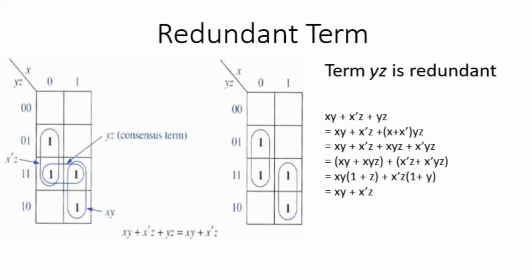Then we have to look for redundant terms. While making groups, we have to check whether we are making the right number of groups. Is there any group which is redundant? Redundant means which is not required. If you look at this horizontal group, it is redundant, because the 2 ones covered by this group are already covered by the other 2 groups.